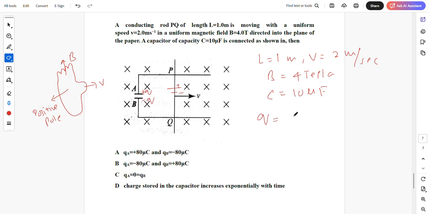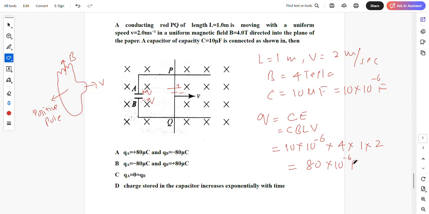What is the charge? Charge is given by Q is equal to C into E. How much is E? B L V. That is equal to C, 10 into 10 to the power of minus 6 farad, into B is 4, into L is 1 meter, V is 2. 4 2s are 8, 8 into 10 is 80, 80 into 10 to the minus 6 farad.